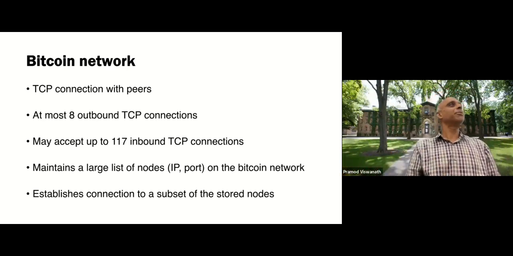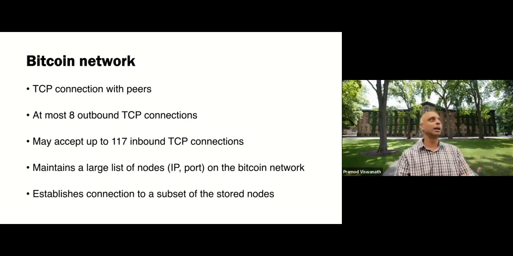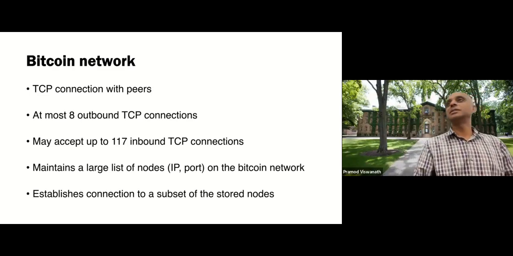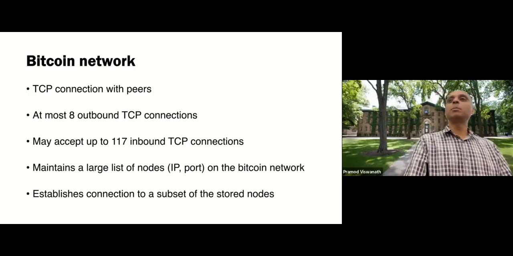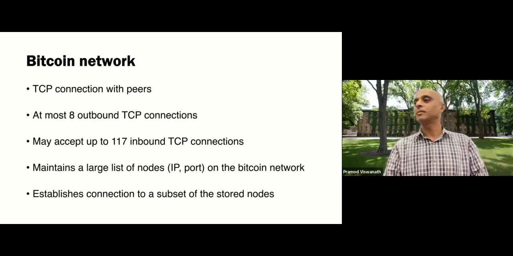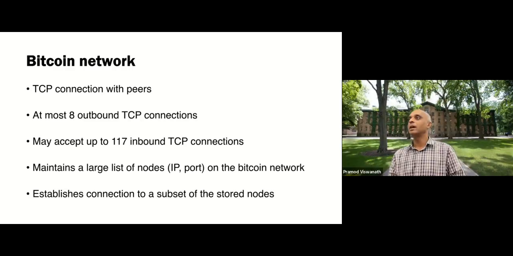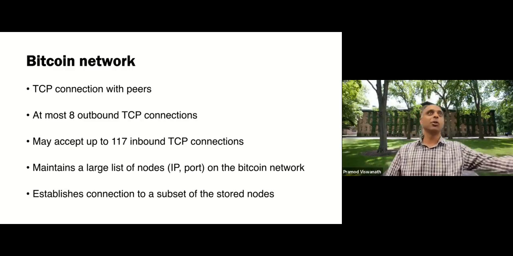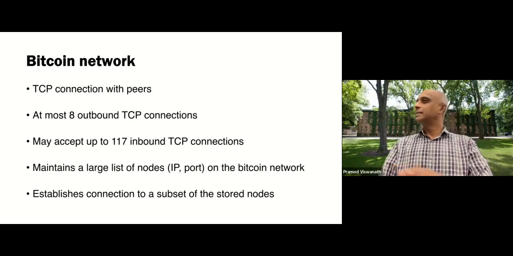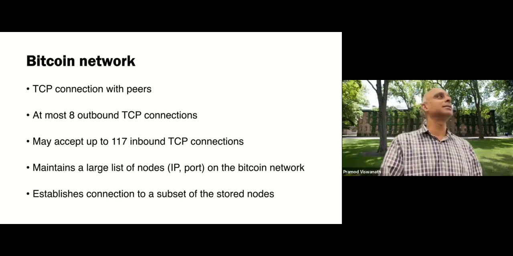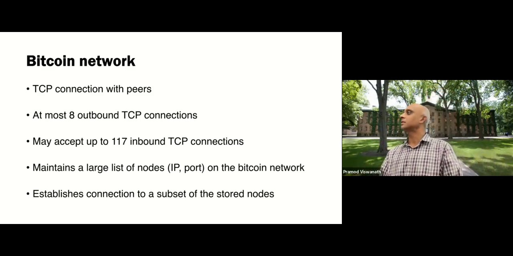You don't have to do this very often, but over time the network knows who else is there, and network hygiene recommends that you change the 8 people you're connected to over time. That would be good network hygiene. It may happen automatically because some people drop out, in which case you'll have to make some other connection. But we'll see a little later in this class that there may be other reasons you want to do this kind of network hygiene.